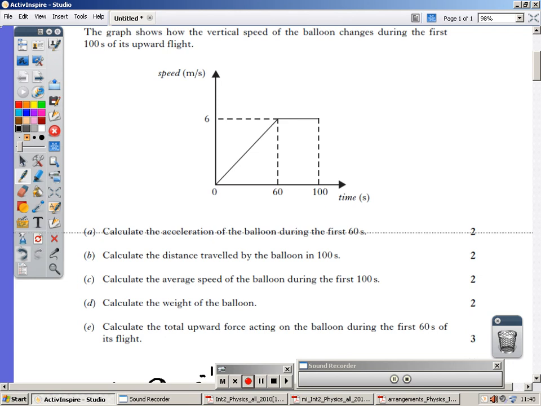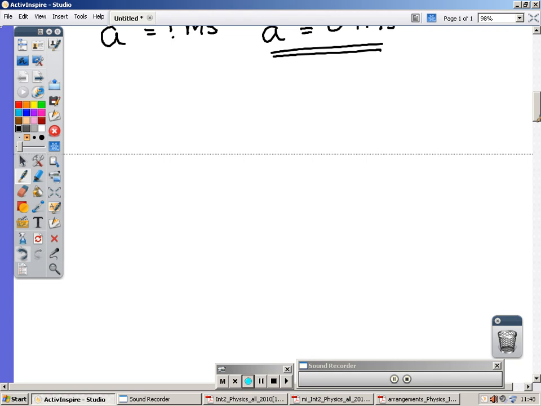The next question says, calculate the distance travelled by the balloon in 100 seconds. Well, we know that the distance travelled, if you've got a velocity time or a speed time graph, is the area under the graph. So we're looking at this triangle, and this rectangle. So let's show off to the examiner and say that the distance travelled is equal to the area under the graph.